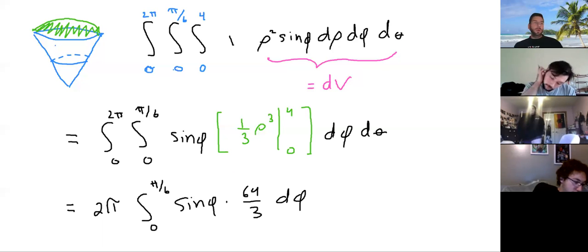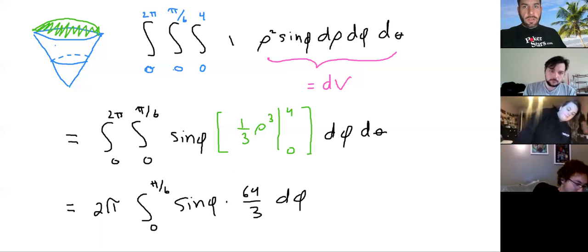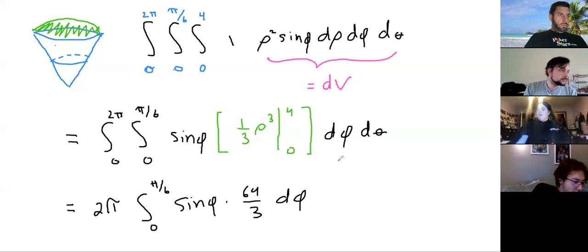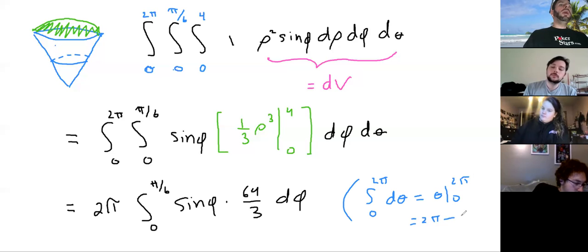So you might take a moment to think about that. So let me put a little comment around this. So what is happening here? Well, the integral from 0 to 2 pi of just d theta equals theta from 0 to 2 pi, which is 2 pi minus 0, which of course is 2 pi.